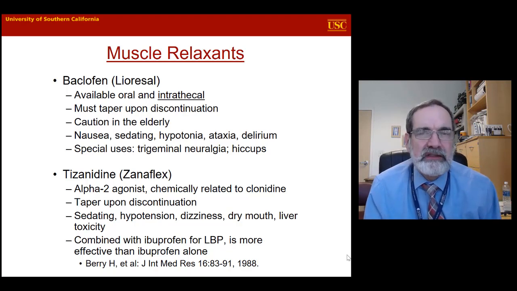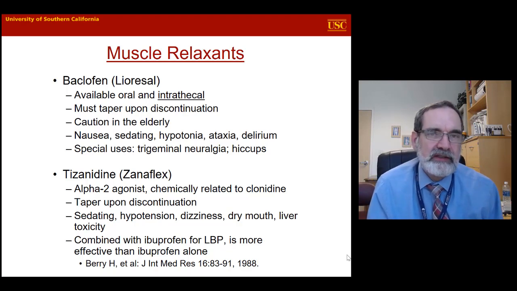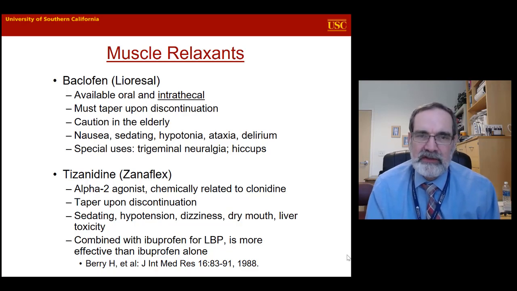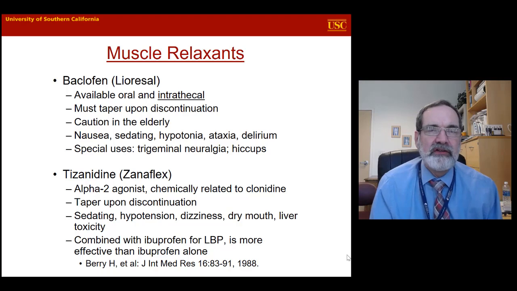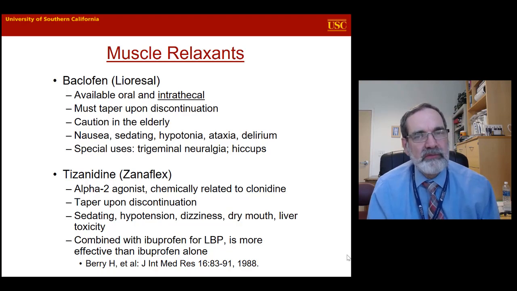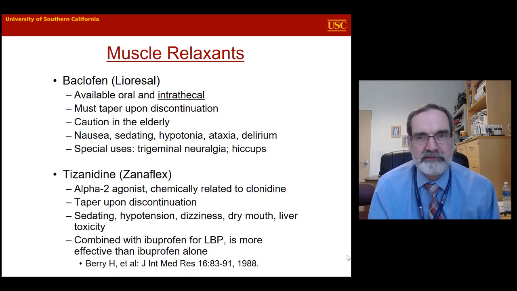Baclofen has to be tapered because withdrawal can be a serious problem. With most muscle relaxants, we have to be very careful in the elderly. Nausea and sedation are side effects. An interesting side effect, particularly with spinal baclofen, is that in overdose, the patient can get so relaxed that they're not strong enough to breathe, and that can be fatal.